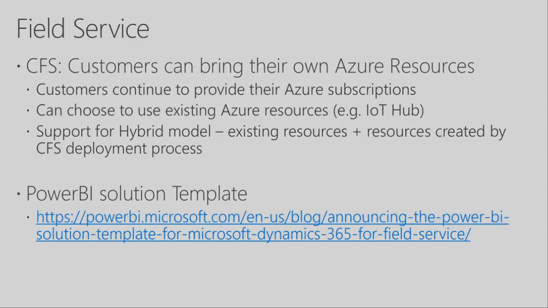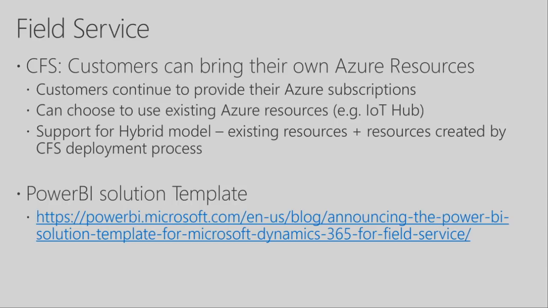One is for connected field service, we now allow bring your own Azure resources. Now the way that CFS deploys today is that you bring your own Azure subscription, but then it wants to set up all of the resources. It wants to set up an IoT hub and the stream analytics jobs and the logic apps and so forth, and the database for the BI feed and all of that.